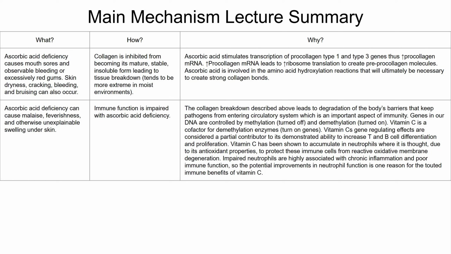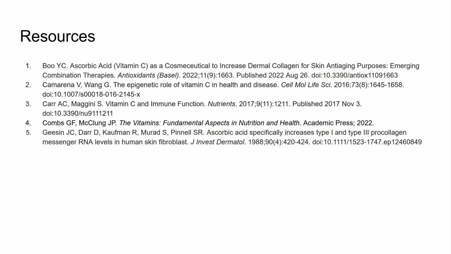Vitamin C is also important to the immune system because it is involved in demethylation action to turn on genes that increase T and B cell differentiation and proliferation. Vitamin C also accumulates in neutrophils, where it can protect them due to its antioxidant properties from reactive oxidative membrane degeneration. Impaired neutrophils from oxidative damage are associated with chronic inflammation and poor immune function. So, this could be another reason for impaired immune function in vitamin C deficiency.